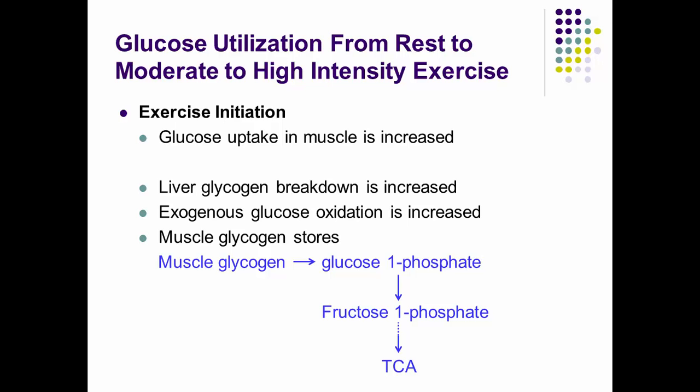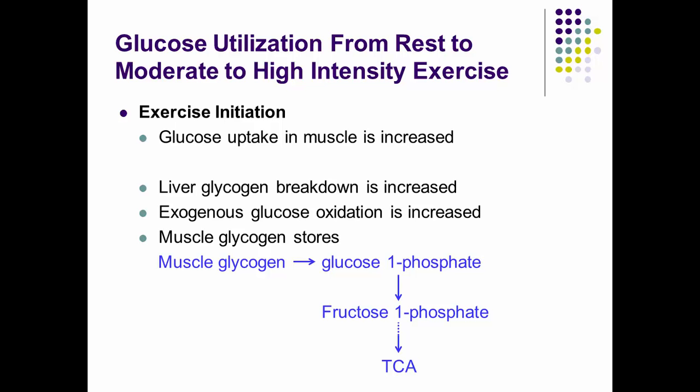And it also increases the glucose oxidation. For example, the dietary glucose, right? Is also circulating in the circulation, and this can be taken up and oxidized in the muscle. And muscle glycogen store is also one of the most important sources, right?